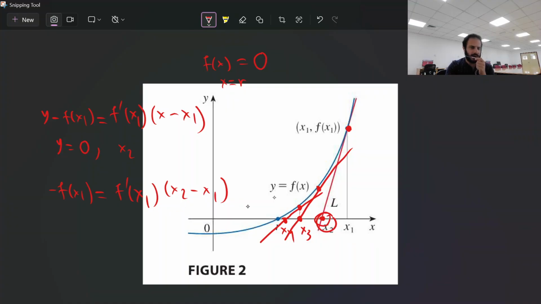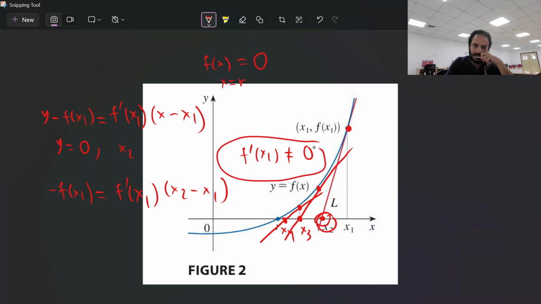So divide both sides by f prime of x1. But what should I assume before dividing? What do you think? I should say something before dividing, right? It's not equal to 0. Yes, thank you. So f prime of x1 is not 0. We assume this, then we divide.